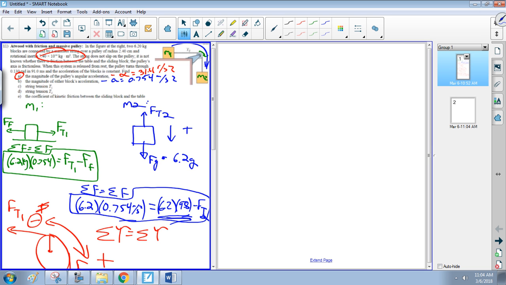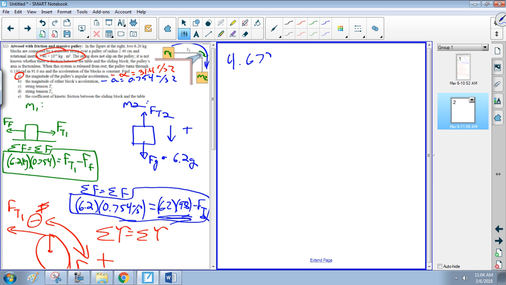So let's see, 6.2 times 0.74. Again, I'm cheating and using my calculator, saved numbers. So you get 4.672 equals 6.2 times 9.8, which is 60.67, minus the force of tension 2.